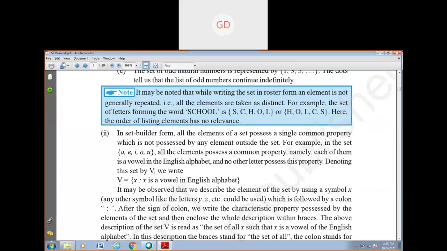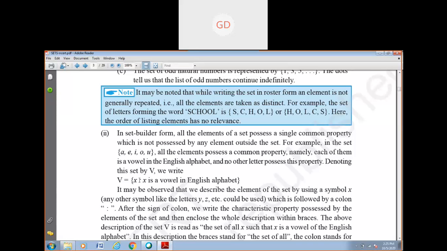Suppose V is the name of the set. Okay, how to write this set? You see here, within the second bracket, again, it is compulsory. This is the structure of set builder. x. We start writing within the second bracket like this: x.